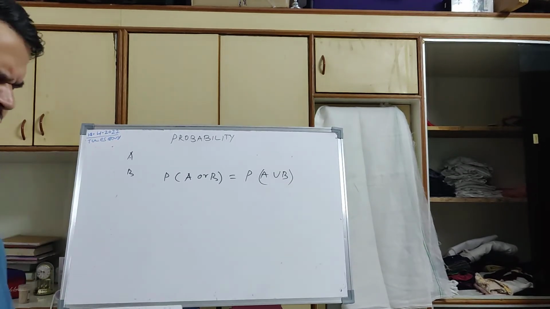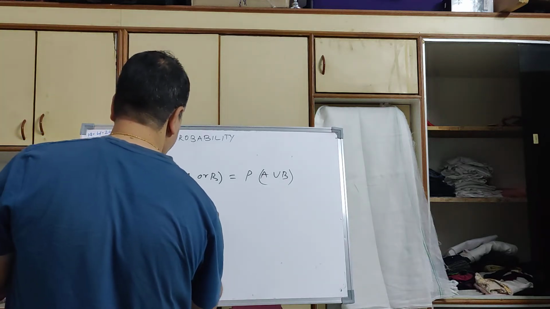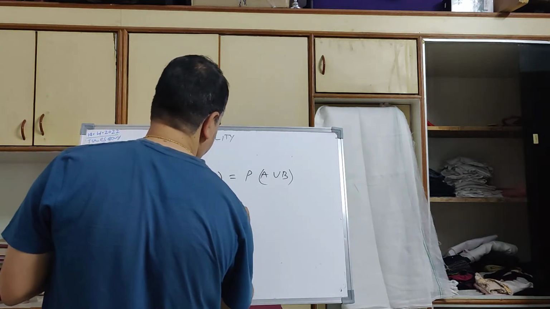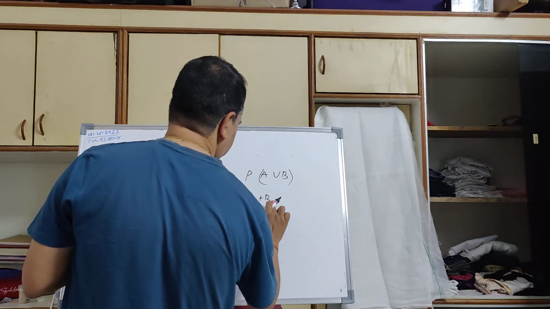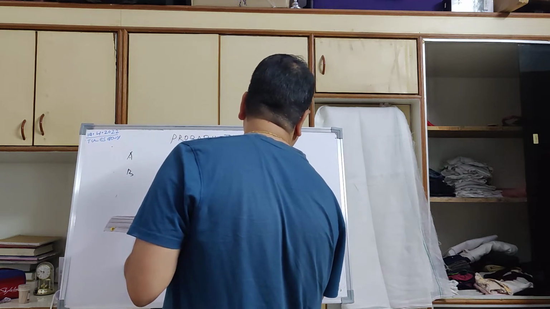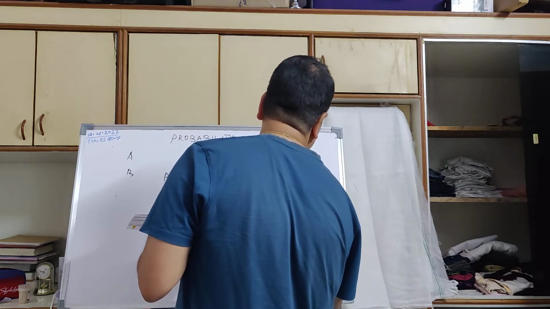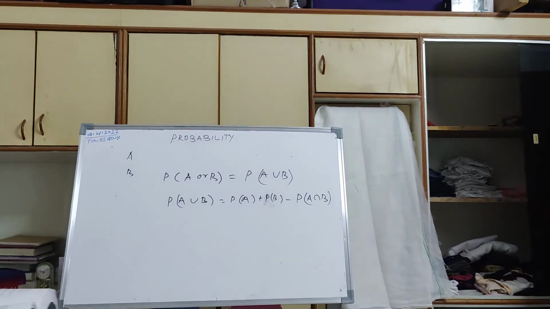You might have studied in set theory that the probability of A union B is nothing but the probability of A plus the probability of B minus the probability of A intersection B, because you cannot add things twice.